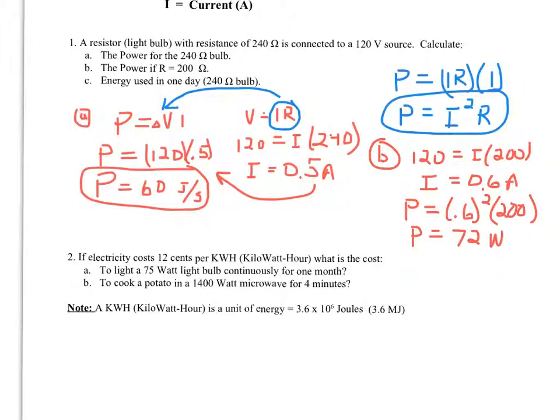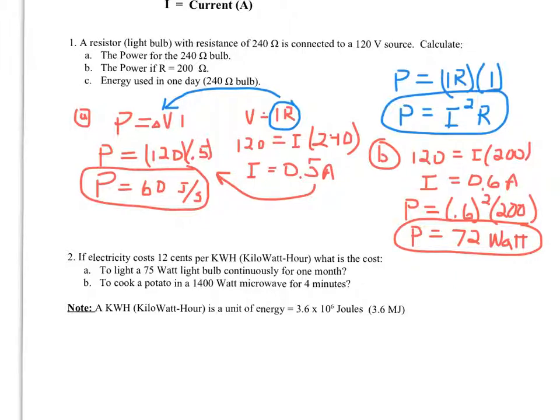Even though there's less resistance, well, the main thing is when there's less resistance, the current goes up. And when the current goes up, if you look at that blue equation there, the current is squared. So the current has a big factor in power. As the current goes up and you square it, it increases your power more so than the amount of restriction that the resistor supplies. All right, so that's 72 watts.